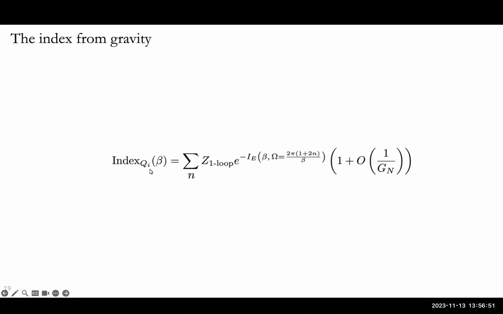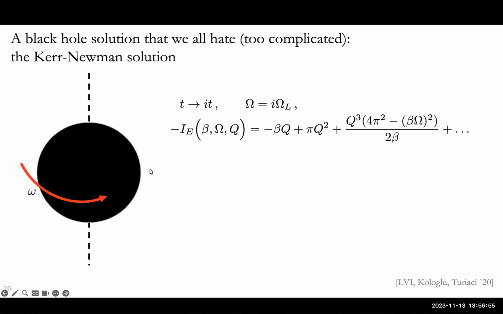The simplest black hole for which we can compute an index is just a charged black hole, and the solution that has non-zero angular velocity for a charged black hole is called the Kerr-Newman solution. Now, I won't bore you by showing you the metric of the solution. As you all know from your GR course, Kerr-Newman black holes have a complicated form. I'll just show you what happens when you evaluate their on-shell action for fixed angular velocity.